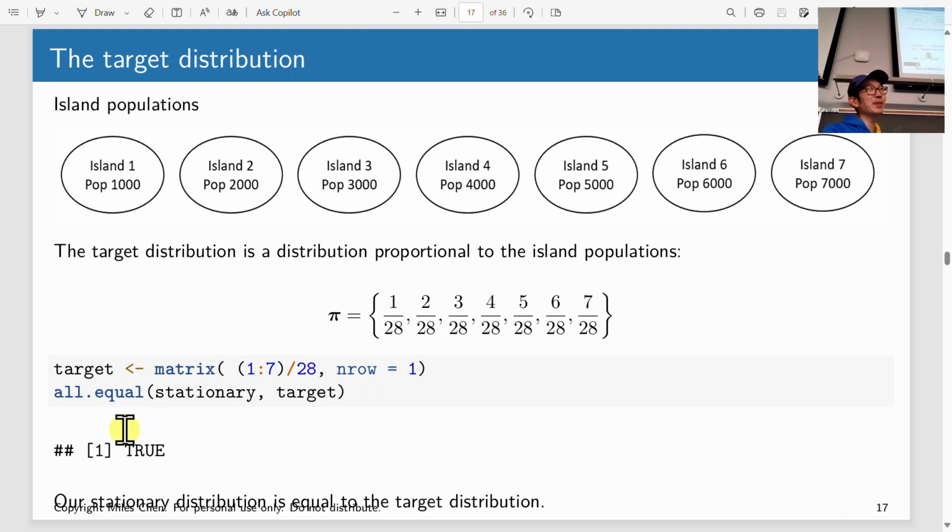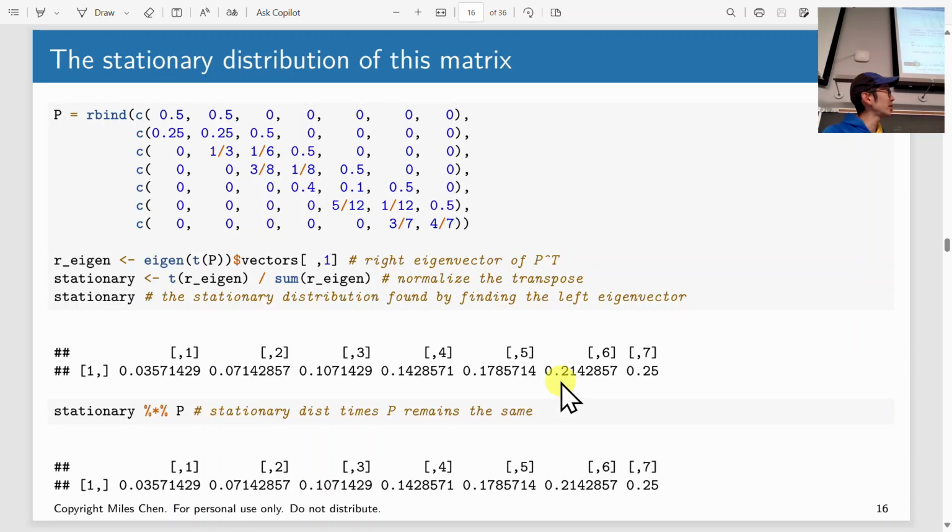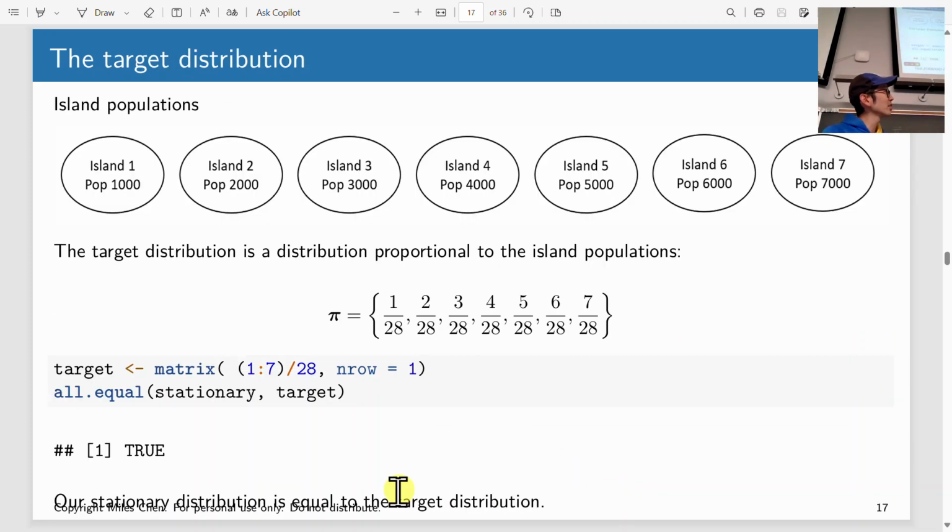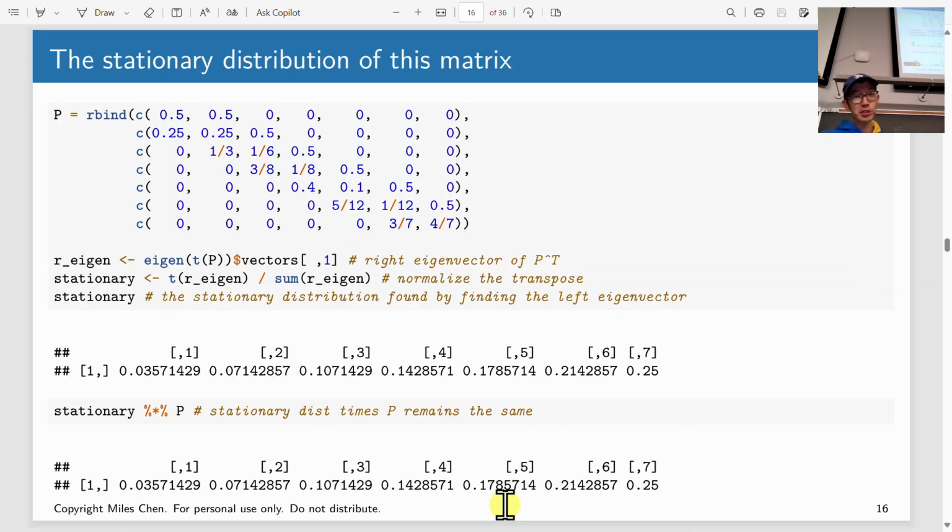And if it matches up to 7 or 8 places of decimal precision, then it'll say true. Okay, so here we're going to just check this vector, and indeed all of the values in the stationary distribution and all of the values in my target distribution, which are right here, come back all equal. So our stationary distribution is indeed equal to our target distribution, which is exactly what we want.